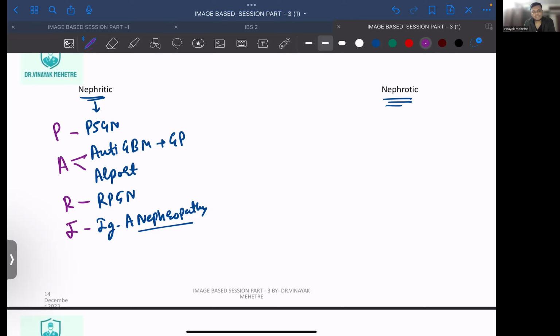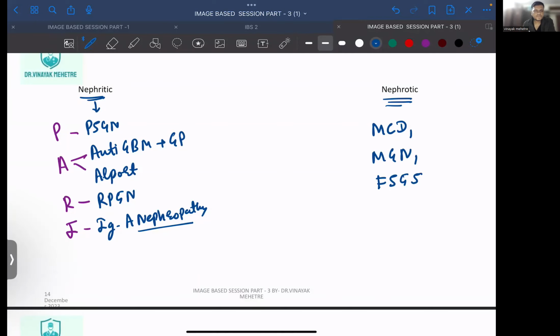Can we remember by the mnemonic PARI? Okay. Nephrotic syndrome content was which one? Minimal change disease. Yes. Membranous glomerulonephritis. Yes. Focal segmental glomerulosclerosis.